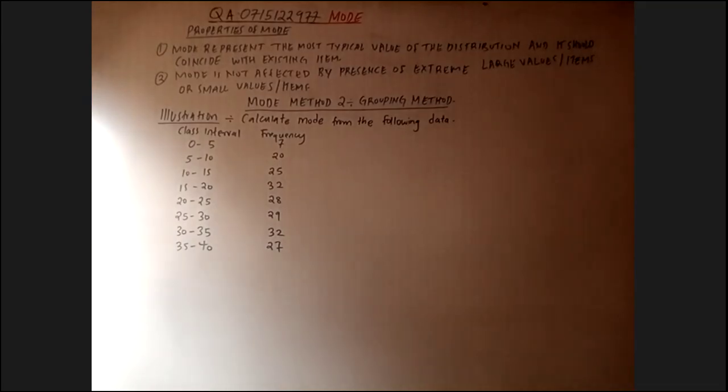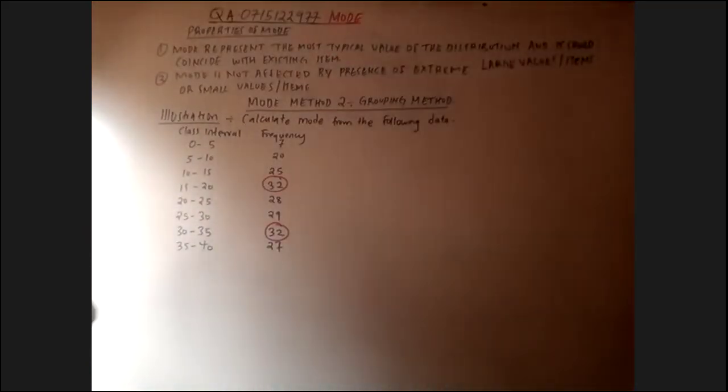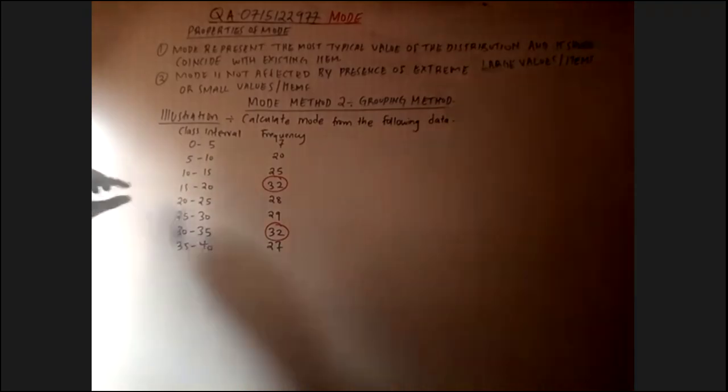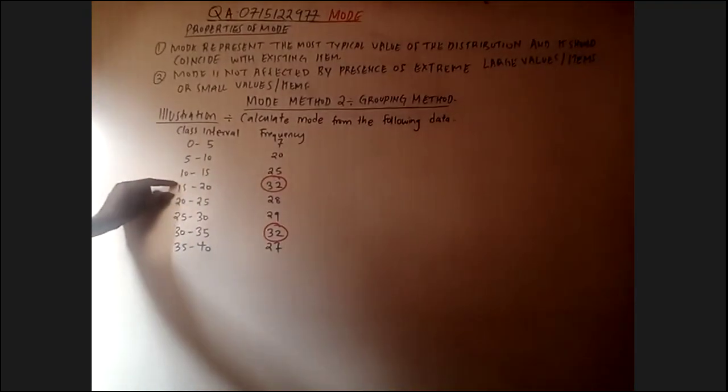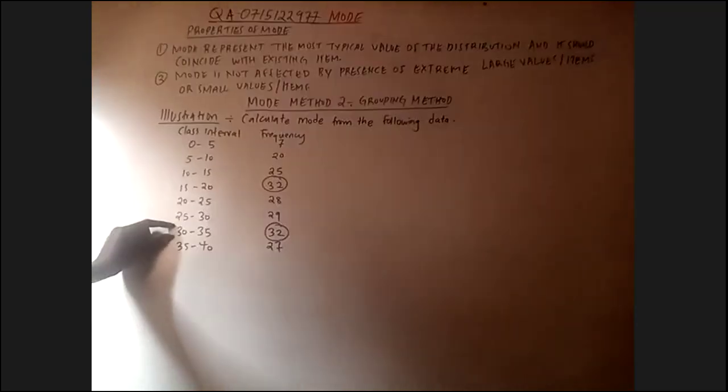But look at this case now. The maximum, we have two items. We have 32 in two different places. Now, the mode can be between 15 to 20, and it can be between 30 to 35.